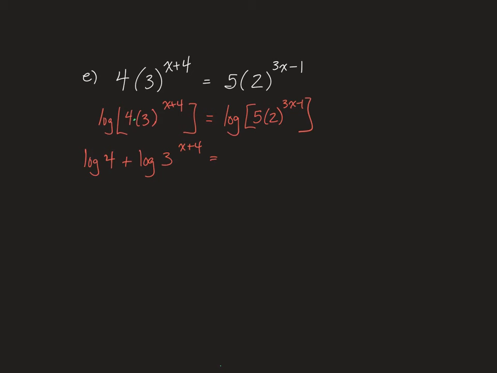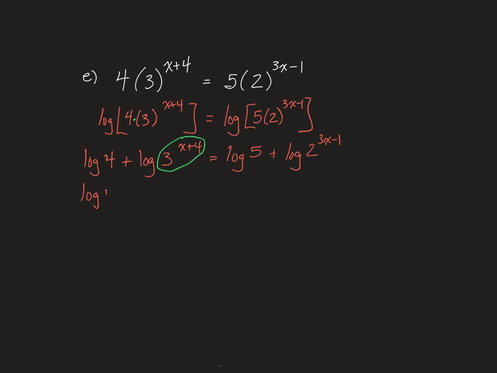Now, before we jump to the right side, I would like you to notice that on the left side, I have cured my problem. That 3 to the exponent x plus 4 is a single power inside my log. And so we can see the benefit to breaking apart both sides using our properties of logs to get to that.